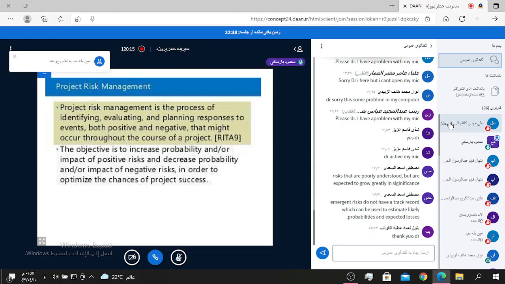The objective of risk management can be to change some negative risks to positive risks, or to change threats to opportunities. For example, about the price of materials, in Iraq and in Iran are the same, especially in Iran.